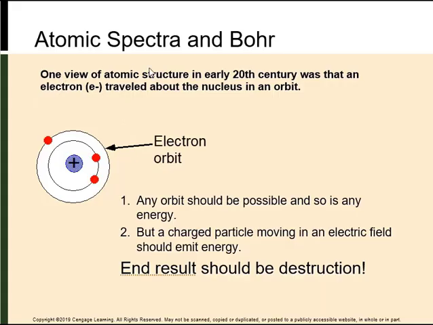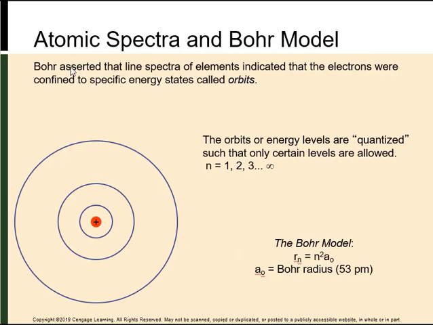Here is one view of atomic structure from early in the 20th century, showing us that electrons move about in orbit. Well, Bohr said that line spectra of elements indicated the electrons were confined to specific energy states, called orbits, and that they are quantized, so there are only certain levels allowed.